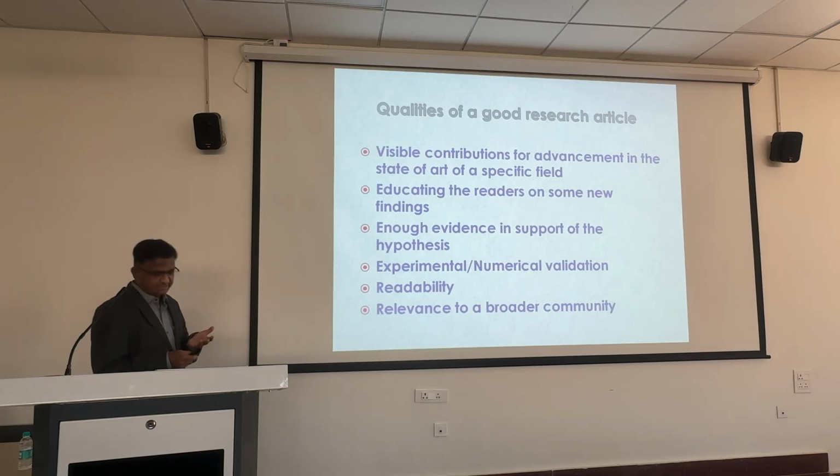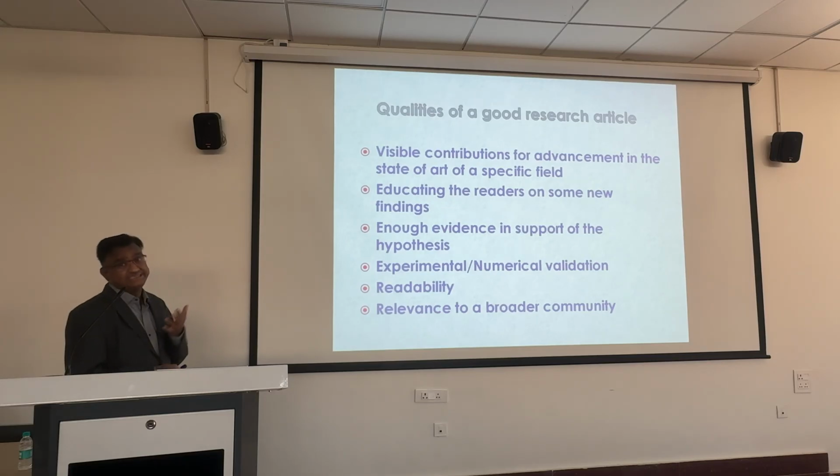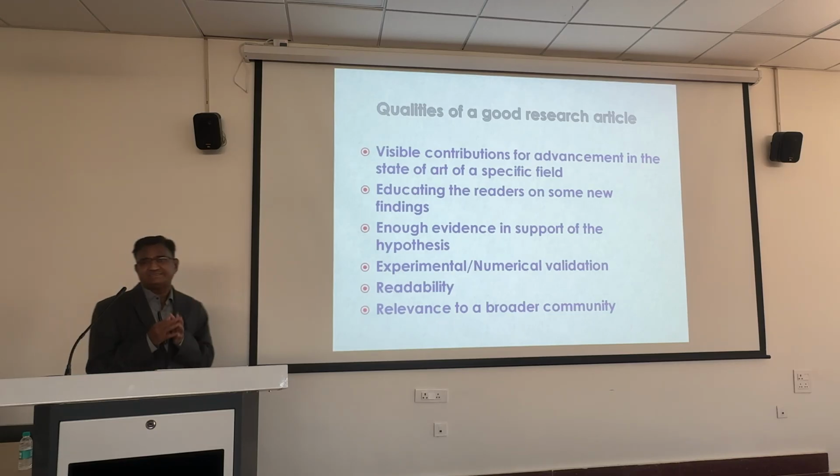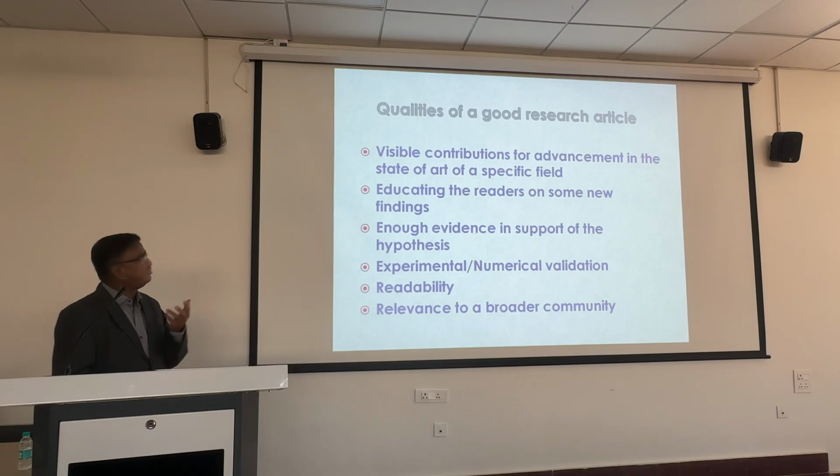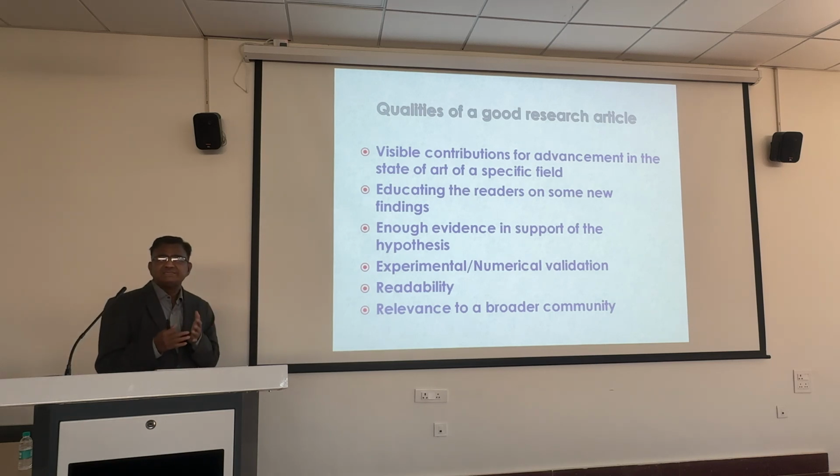So what quality is expected from the journal? First, visible contributions to the advancement in your field of research: what exactly you are going to contribute, how somebody can make use of your research, and educating the readers. Let us say a research scholar in the first year wants to enhance his knowledge in this field.